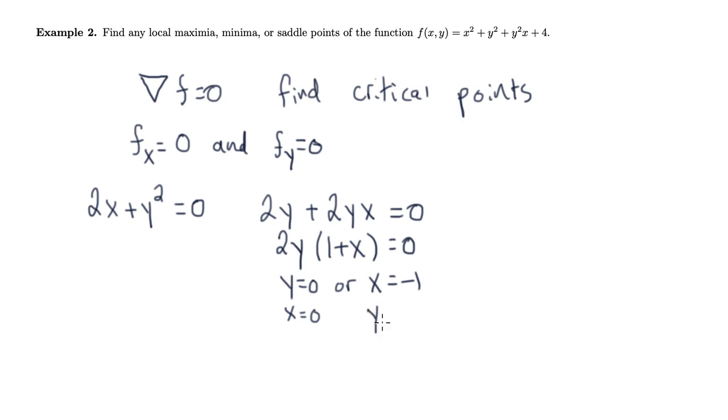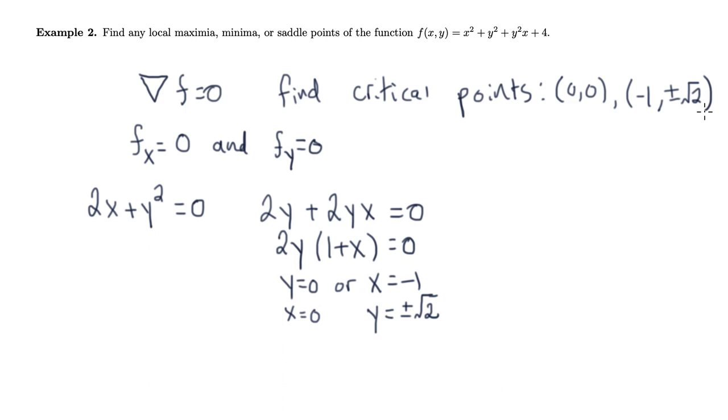So then I have y is equal to plus or minus square root of 2. Okay, so my critical points are going to be 0, 0, and then minus 1, and then plus or minus root 2 for y.